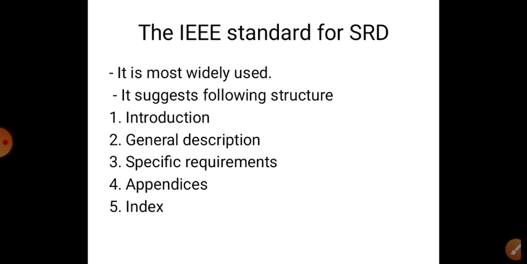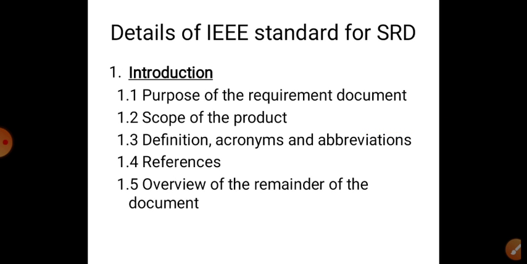And appendices speak about the various appendices attached for this system, and index tells about all the indices required for this system. So we will study all these titles one by one. First, the details of the IEEE standard for SRD.